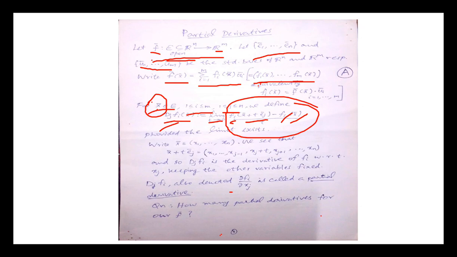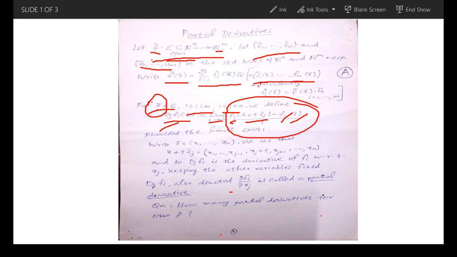Now if you write x is equal to x1 etc. xn, and you write x plus tej as x1 etc. xn plus t times 0 0 etc. 1 comma 0 0 etc. 0. That is your ej, where 1 occurs in the jth position. So what will be x plus tej?